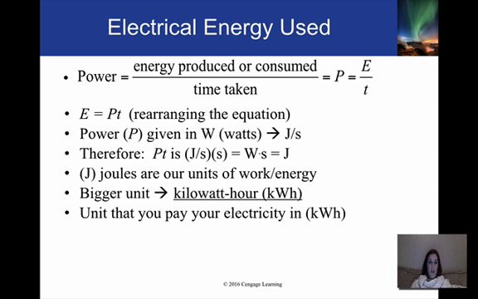So joules are the units that we use for work and energy. The bigger unit of power, so if we're looking at the amount of energy per hour, we would say kilowatt per hour. Usually when they're measuring your electricity to figure out how much electricity you've used in a month, they would say kilowatt per hour.